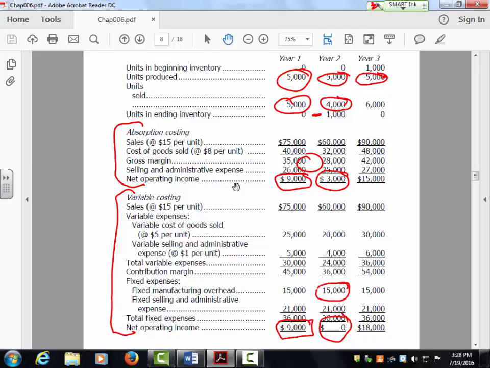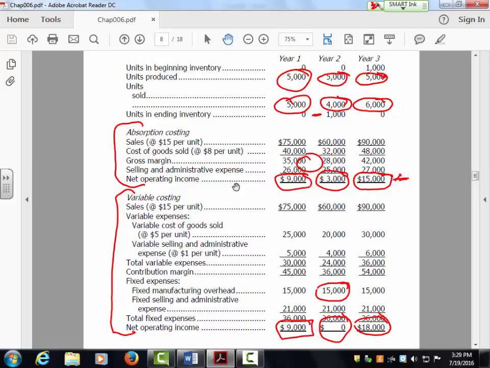In year 3, we make 5,000 but we sell 6,000. We're going to sell the 1,000 from the previous year. And now you're going to see the difference is 3,000 in the opposite direction, less income, so a lower income.